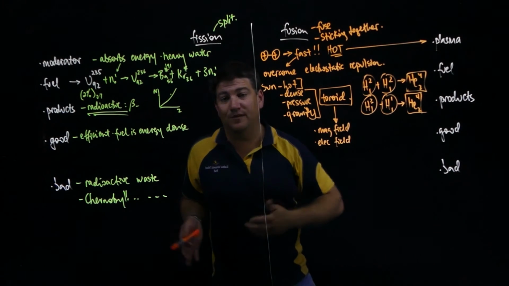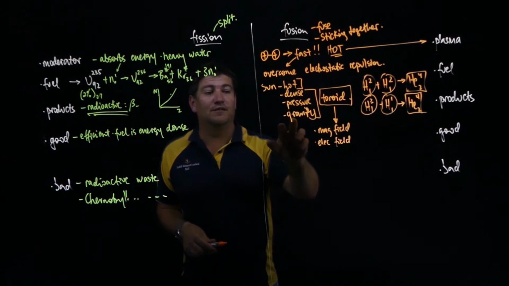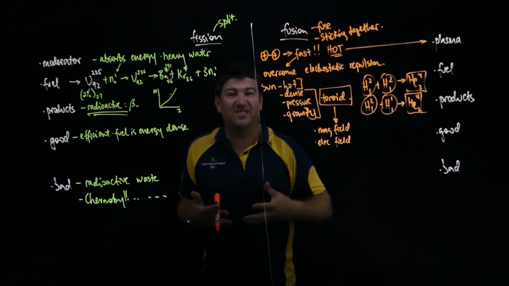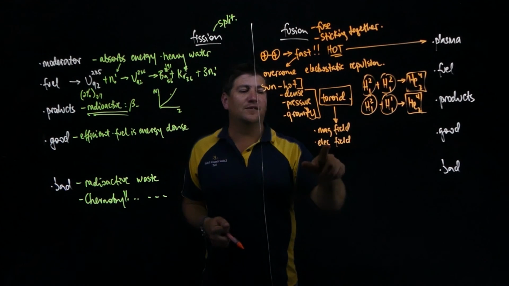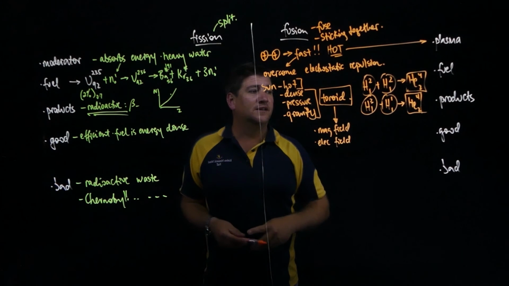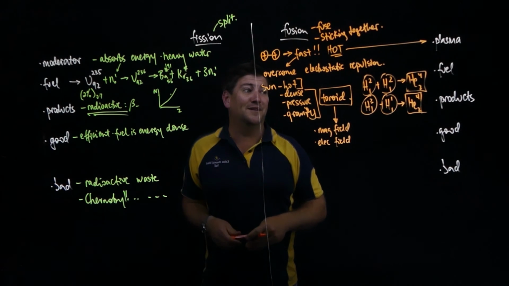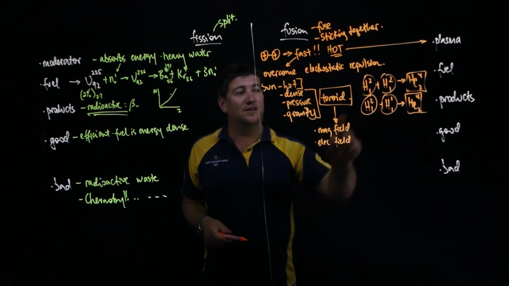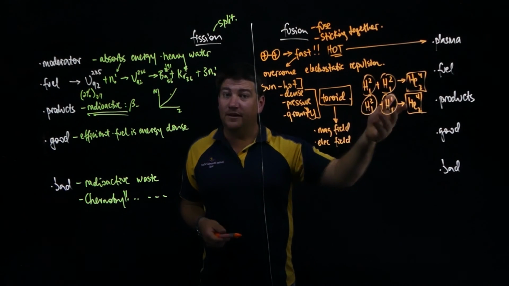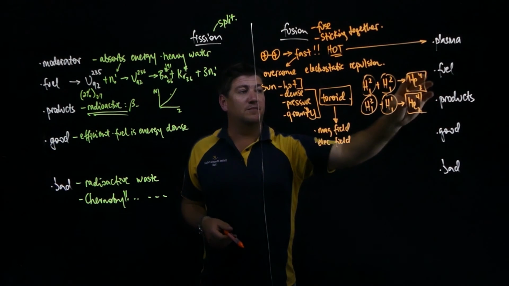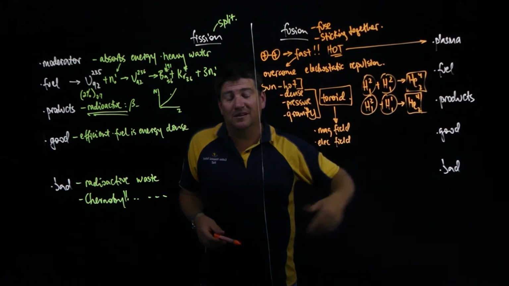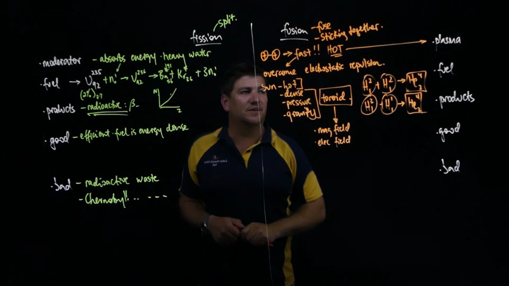We can't make magnetic fields as strong as the gravitational pressure, I guess, of the sun. So we have to make them go faster than what we'd actually like, I guess. So the fuel that we're using is deuterium or tritium and hydrogen, and the products that we're actually making is generally just some helium. And this helium here isn't actually radioactive.